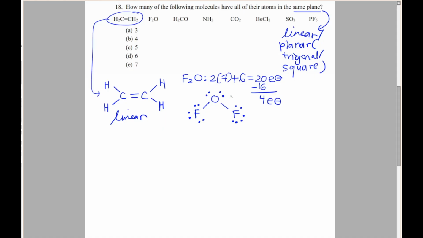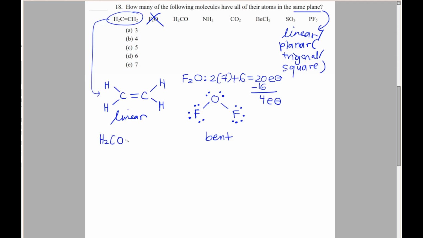And all of these molecular shapes mostly just depend on the molecular geometry of the central atom. So in this case, it's oxygen. And we already know that this is not going to be planar because it has a very similar structure to the water molecule, which we know is bent because it has 2 bonds and 2 lone pairs. So this is bent, and it's not going to be planar, so it's not going to be in the same plane. We can repeat the process for H2CO.